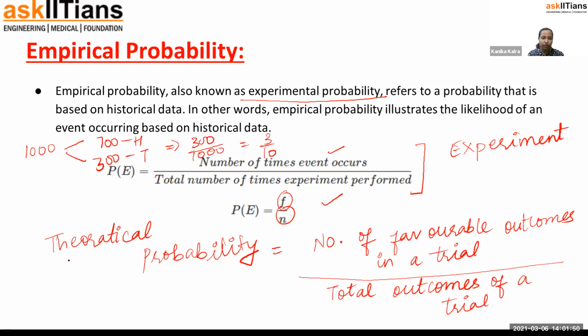And if we talk about the theoretical probability, that means tossing a coin one time. So the probability of getting a tail would be 1 by 2, which is related to only a single trial. Experimental probability is related to the whole experiment. That's the basic difference.